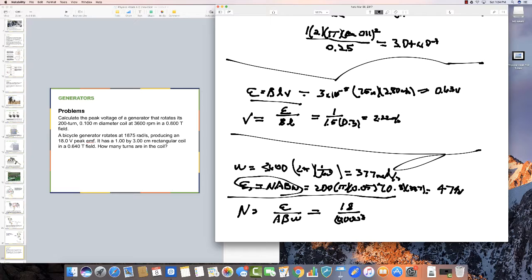You have to change everything to meters. And then the field strength is 0.64. And the rotation is 1875 radians per second. The guy's really pumping down the road on this. That's very fast. And so if you do the math here, you get 50 turns. And obviously 50 turns is a practical size for this kind of device.